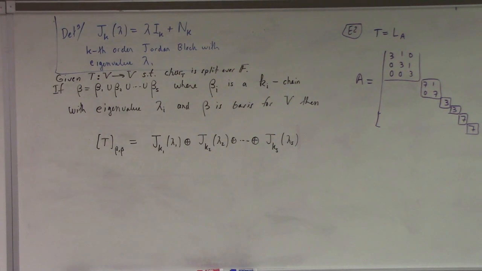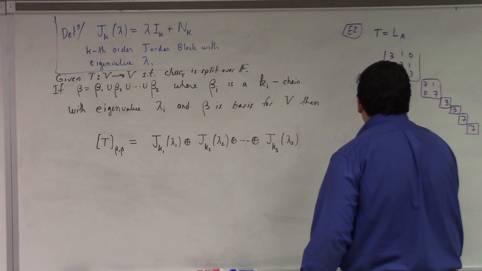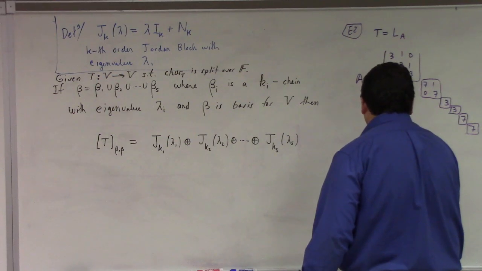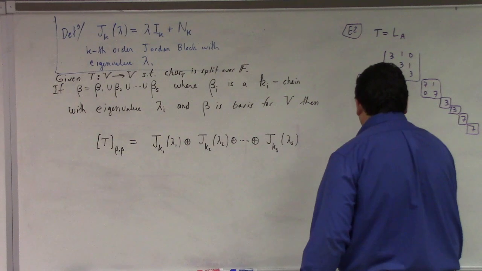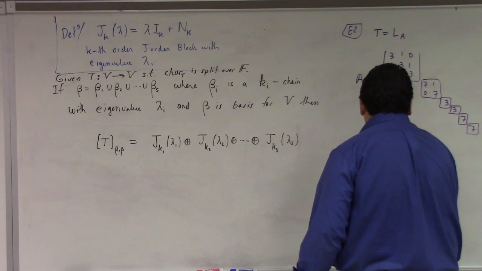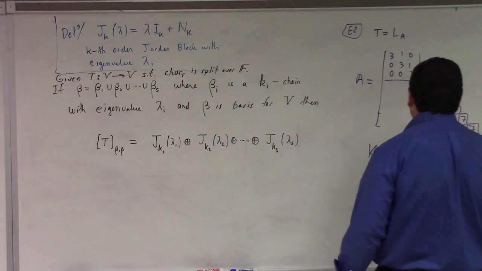If that's the case, in this context the standard basis is in fact a Jordan basis. So K sub lambda equals 3 would be the span of something, and K sub lambda equals 7 would be the span of something else. You tell me what those fill in the blanks will be.